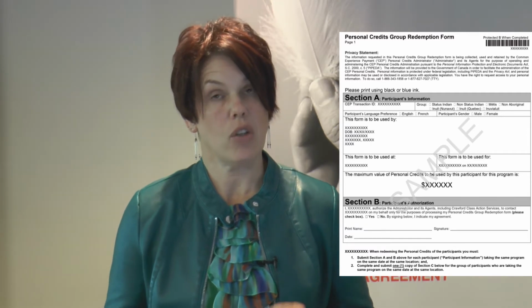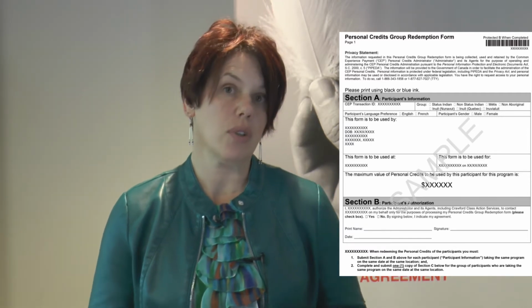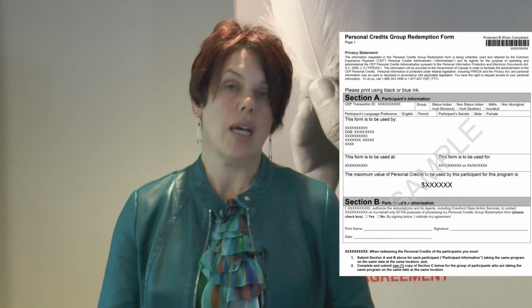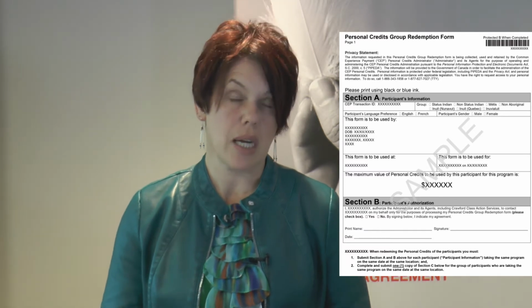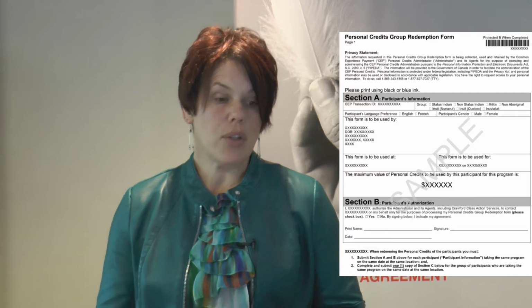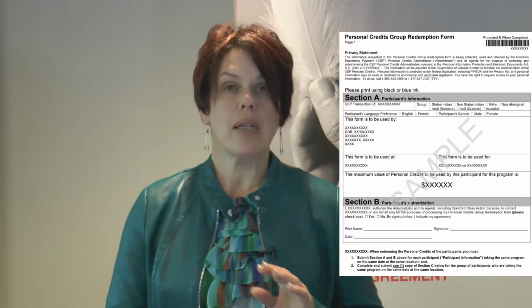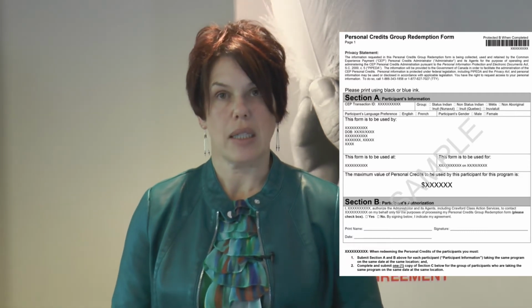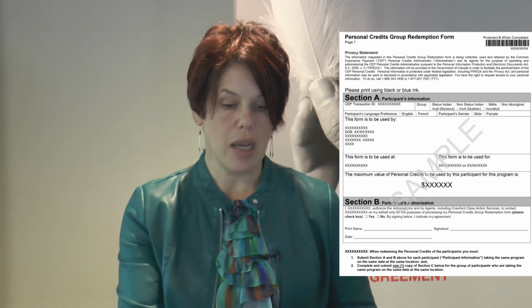I'm recommending that you check the yes box to increase the efficiency and processing of the forms, but it's entirely up to yourself. So what the participant also has to do is then print their name, sign their name, and date it. Then they take their form to the group education service.